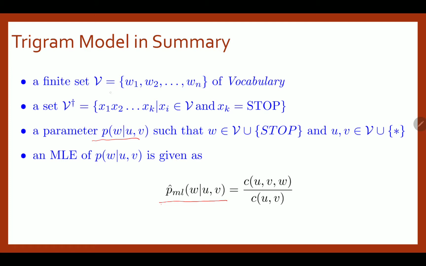So you have this finite vocabulary V, and a set of strings, where each xi belongs to this vocabulary, and the last word in each sentence or string is the stop symbol.